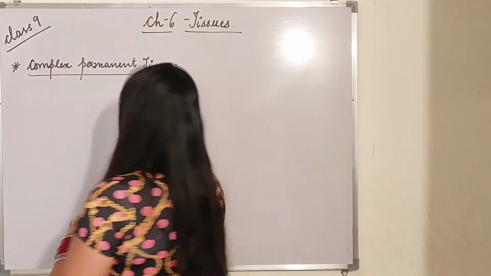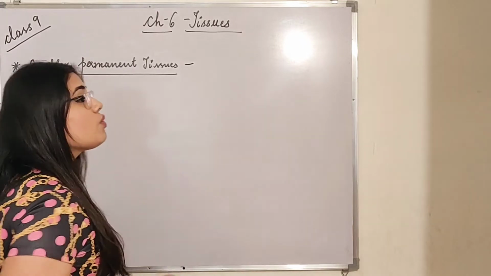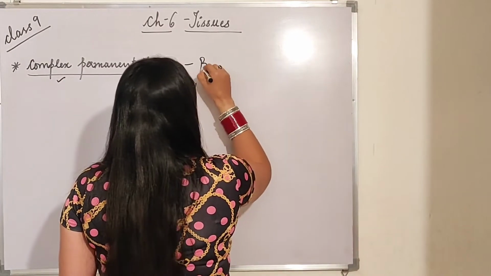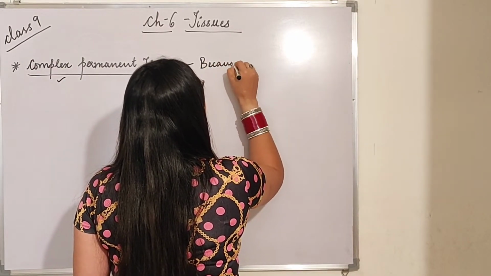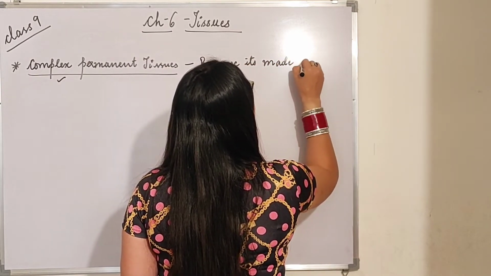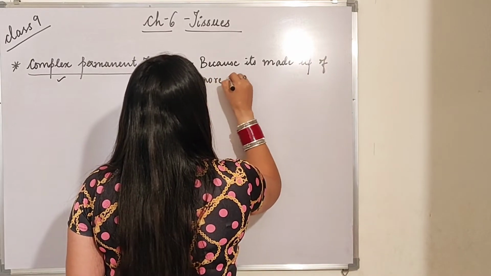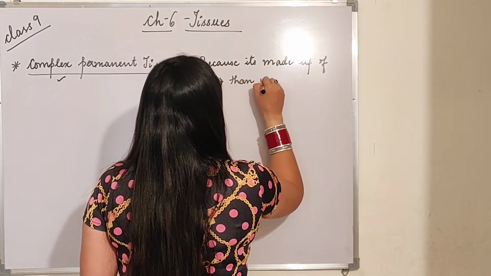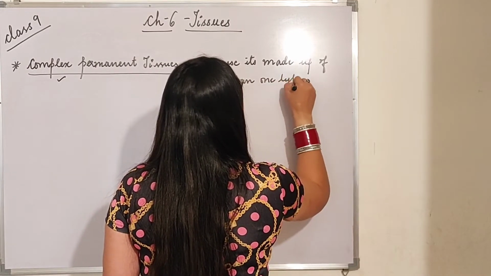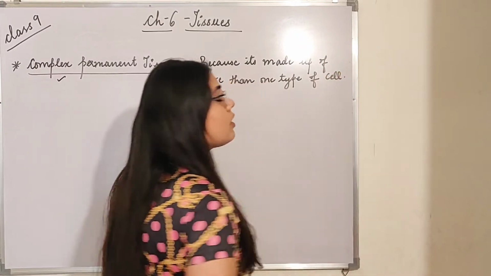So first of all, you need to know what a complex permanent tissue is and why it is known as complex permanent tissue, because it is made up of more than one type of cell.